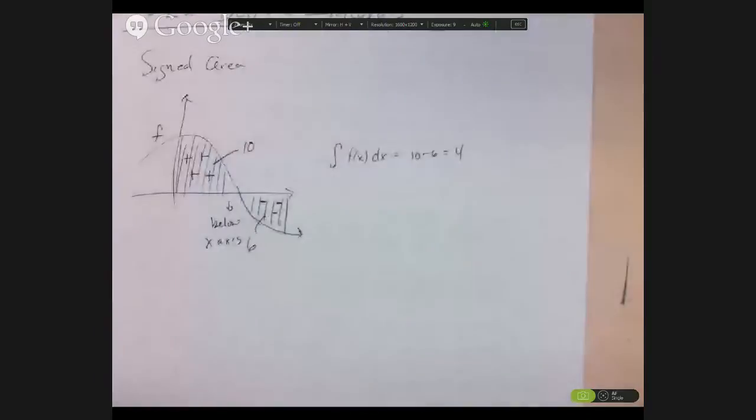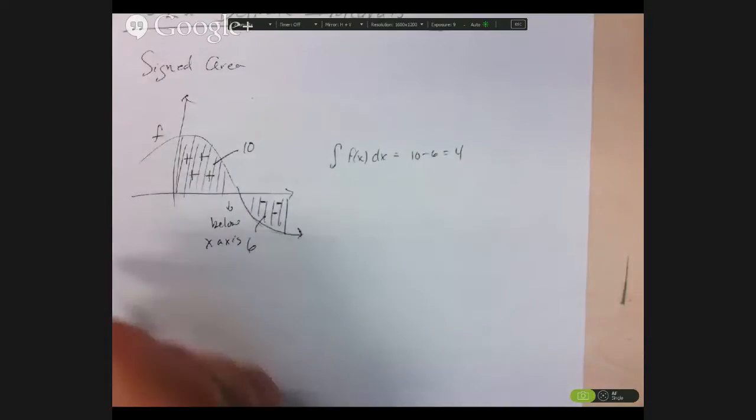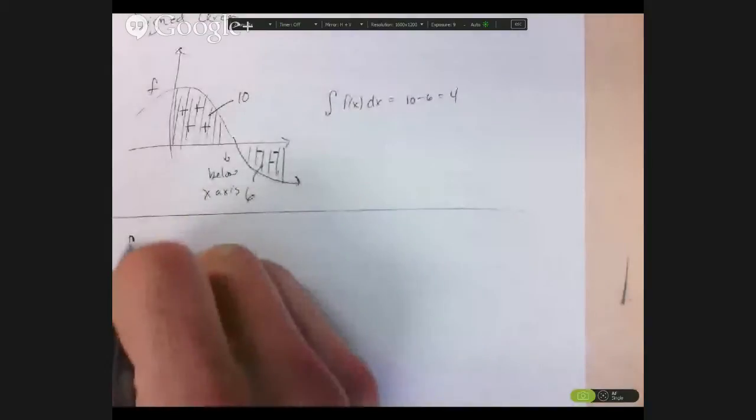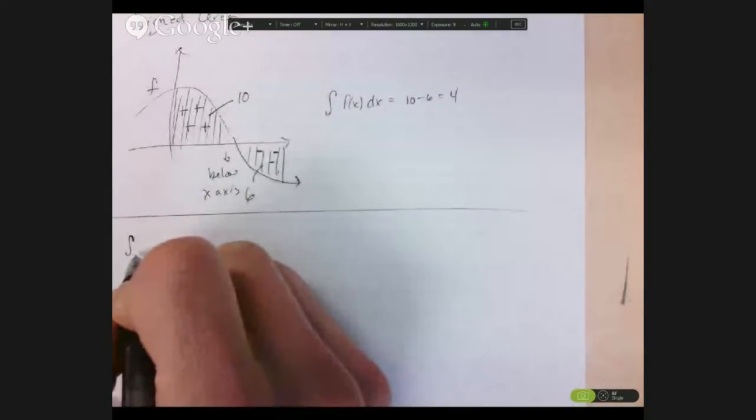All right, so you have to be careful sometimes on some problems, and I'll, of course, help you and detail those out for you, but you have to be careful knowing sometimes you have to split those up. Okay, so signed area. Let me give you an example here. Okay, this is a definite integral.